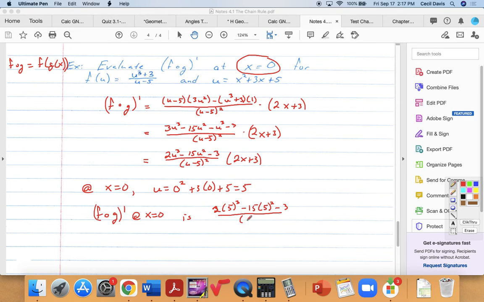This doesn't work out very well at all, but I'll leave it. Every year I'm like, I'm going to fix that for next year. And do I? No. And then here we're going to do 2 times x plus 3. So that's 2 times 0 plus 3. Do you see where the problem is? The denominator of my fraction is 0. That's bad. But we'll pretend like it's not for the moment.